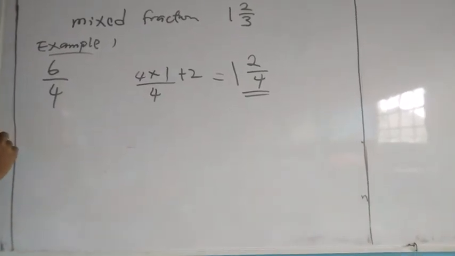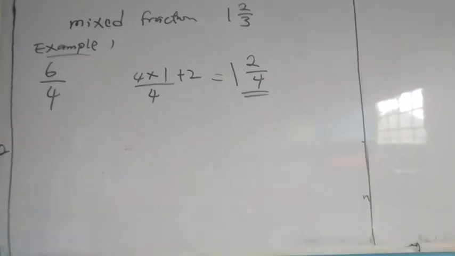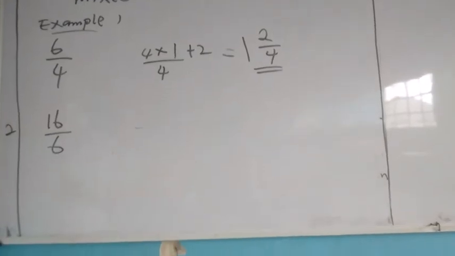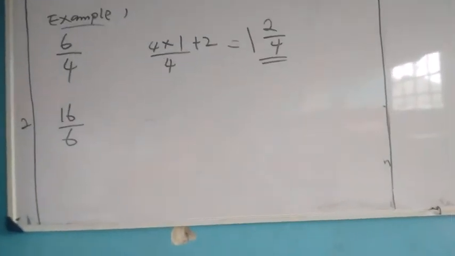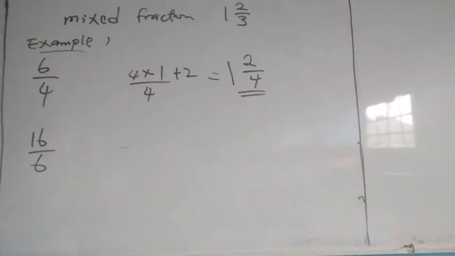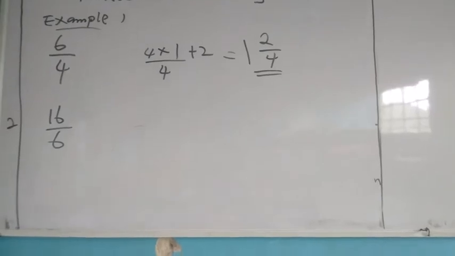Now let's take another example. Example 2. We have something like 16/6. Now you also think, which number will you multiply with 6, and when you add another number to it, it will give you 16?